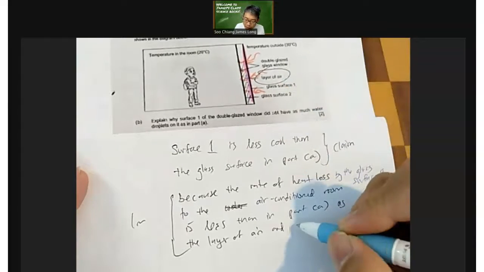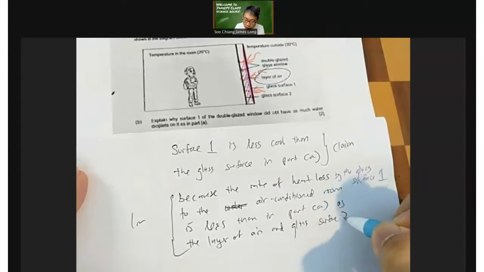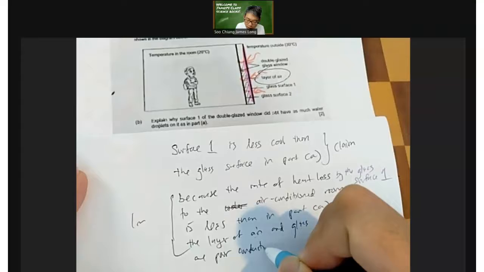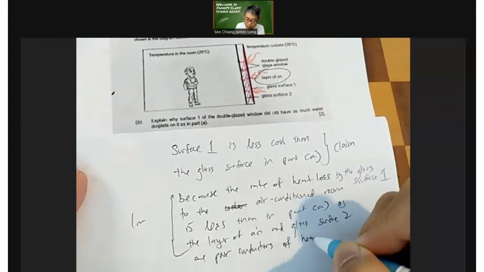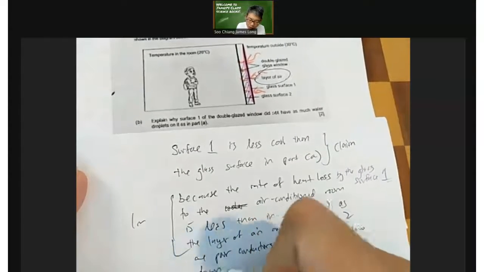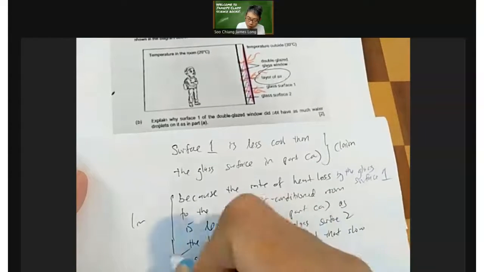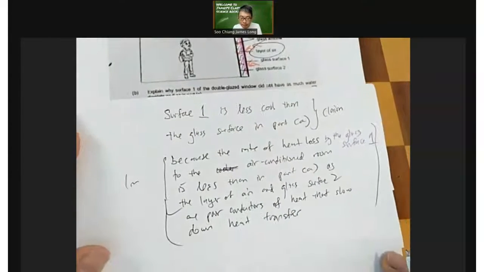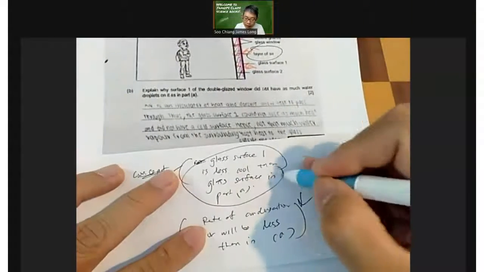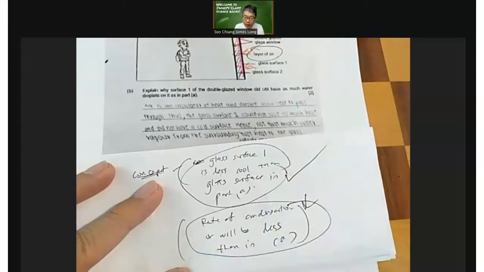A layer of air and glass surface 2 are poor conductors of heat that slow down heat transfer. Okay, a lot of words for 1 mark. Now I've explained this first thing already. Why is this less cool? Now I must go to this for the second 1 mark.